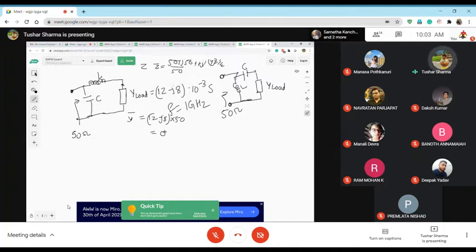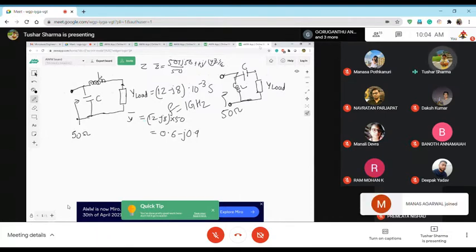So this will become 0.6 minus j 0.9. Because this is 10 to the power minus 3, so 50 I'm multiplying it with that number.